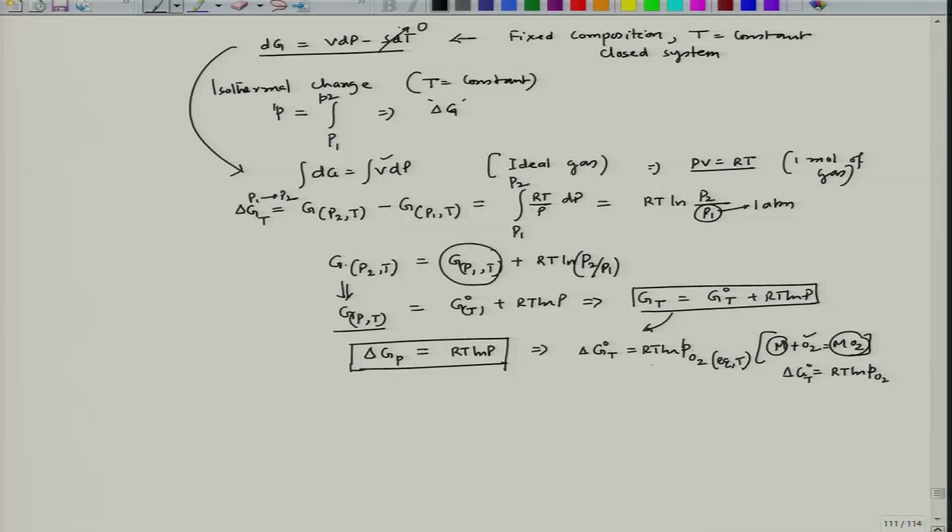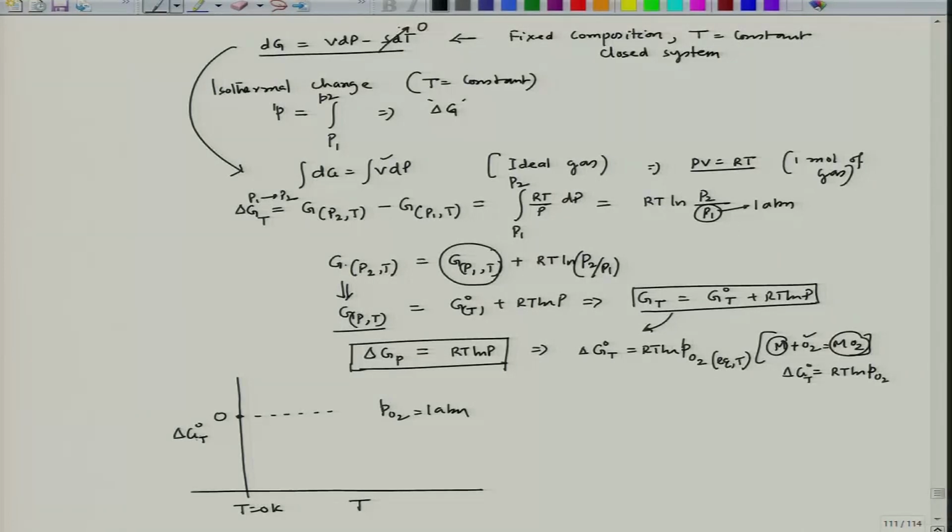So now, if I try to plot T versus delta G naught, and let us say I take T equal to 0 K, then this value corresponds to O2 equal to 1 atmosphere. So this point becomes 0.